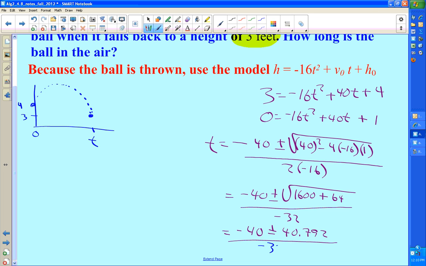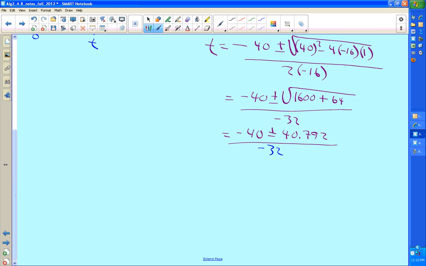So negative 32 right here. So that means we're going to have negative 40 plus 40.792 over negative 32, or negative 40 minus 40.792 over negative 32.